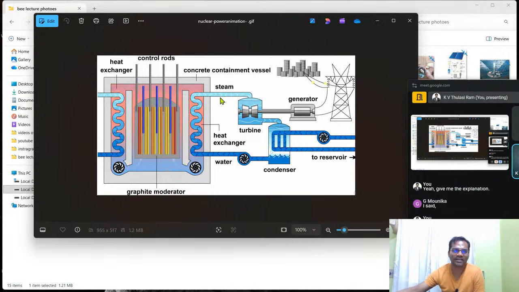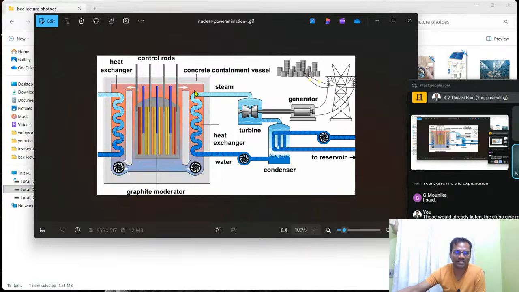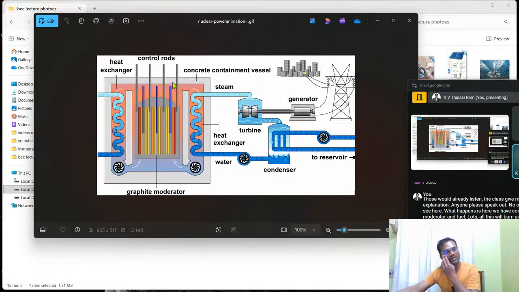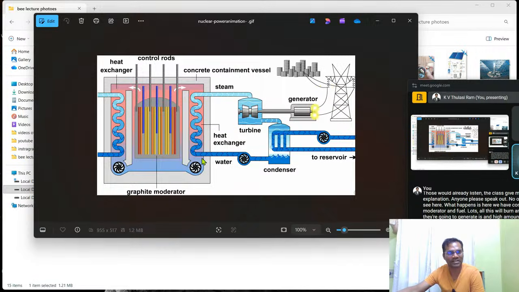So see here, what happens is we have control rods, moderator, and fuel rods. All this will burn, and what they generate is a high amount of energy. That energy combines with the water and reaches our heat exchanger. From the heat exchanger, the heat energy is converted into steam, and the steam will run our turbine.